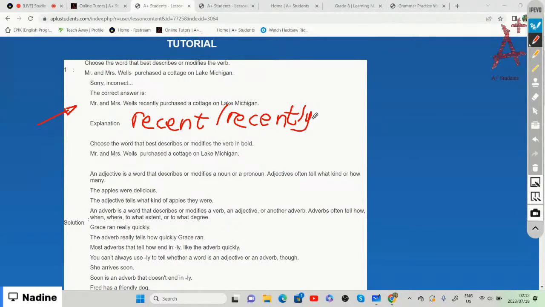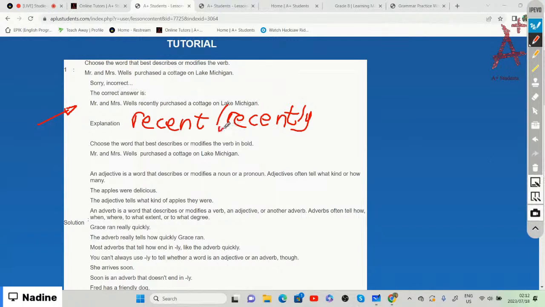If we look at the difference, recent identifies more of the adjective. And in this case, recently is our adverb that describes or modifies our verb, which is purchased.